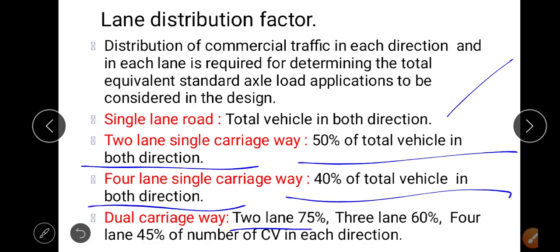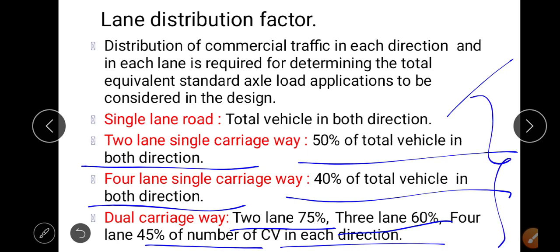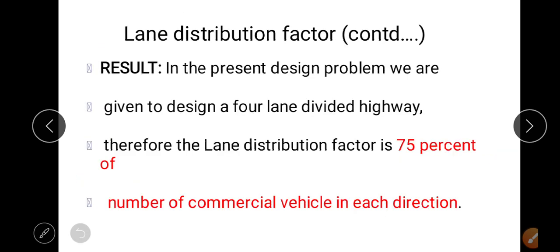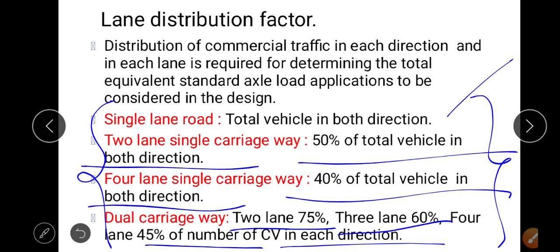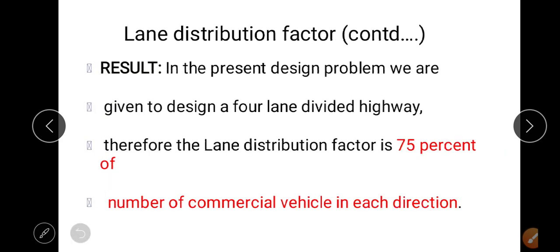Dual carriageway, 2-lane 75%, 3-lane 60%, 4-lane 45% of the number of commercial vehicles in each direction. So this is a guideline to be followed as per IRC 37, 2012.